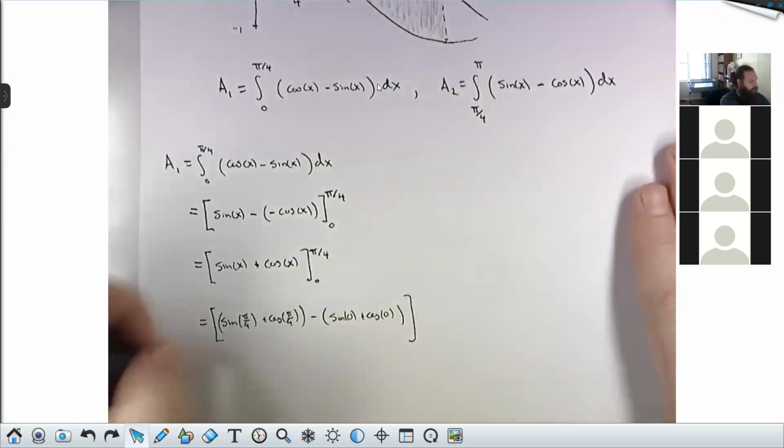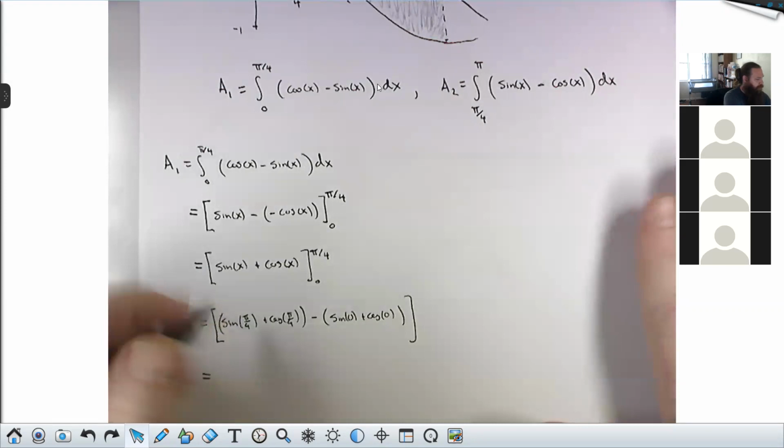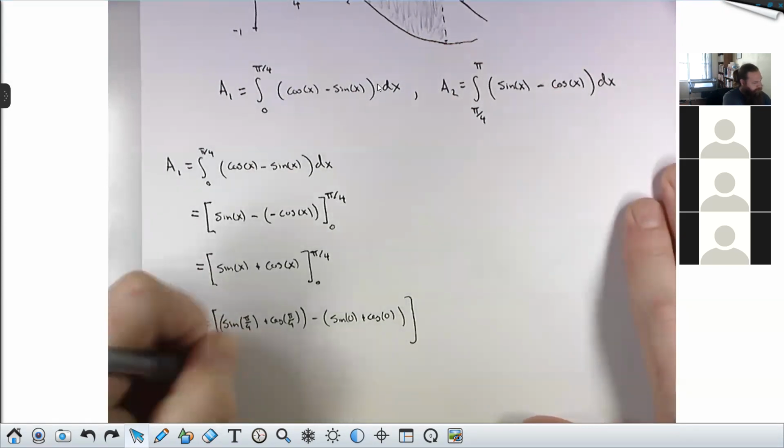All right, what is the sine of pi over 4? Think unit circle. Square root 3 over 2. Oh, sorry, no, square root 2 over 2. Yeah, root 2 over 2, right? Sine and cosine are equal to each other at pi over 4. So these are both root 2 over 2.